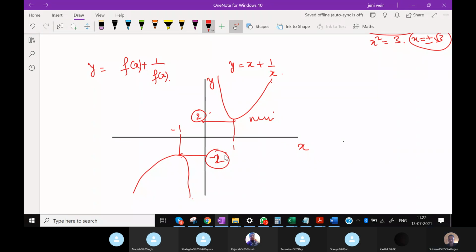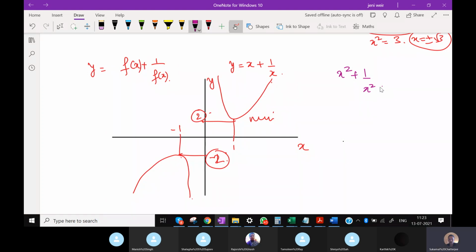Now, the variance of this will depend on the nature of f(x). For example, if I take x square plus 1 by x square. Now, x square can never be negative for any real values of x.